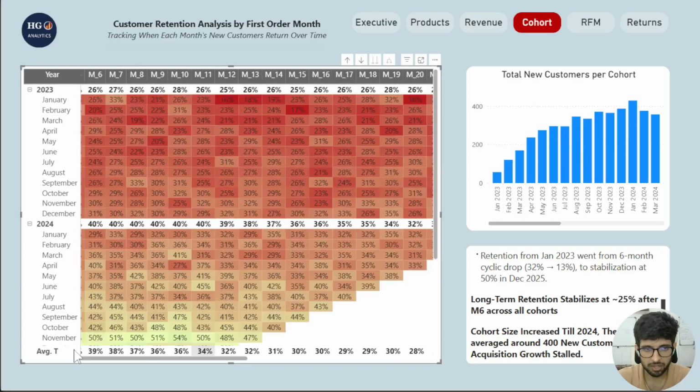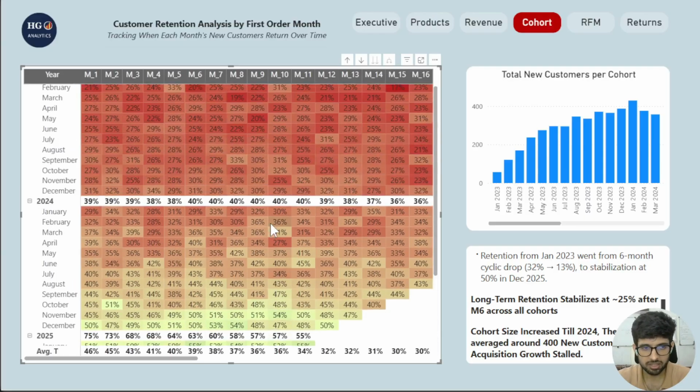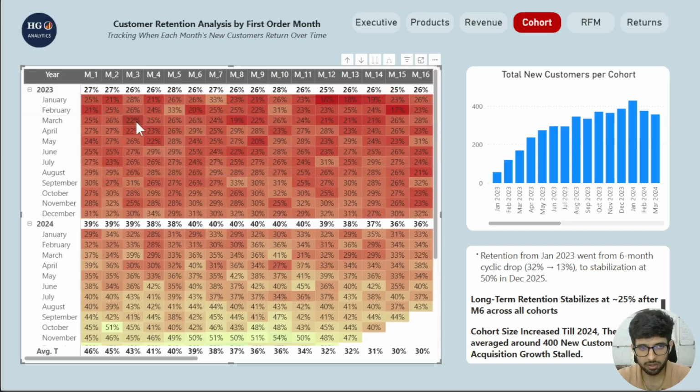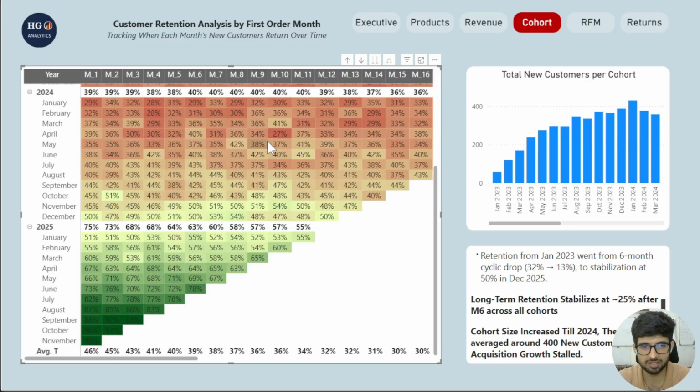So this is a cyclic activity of the customers, and this cycle was there in 2023, but it has significantly stabilized in 2025.